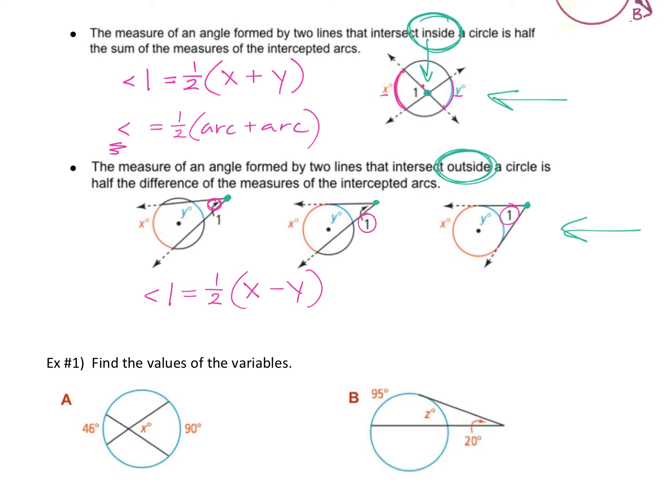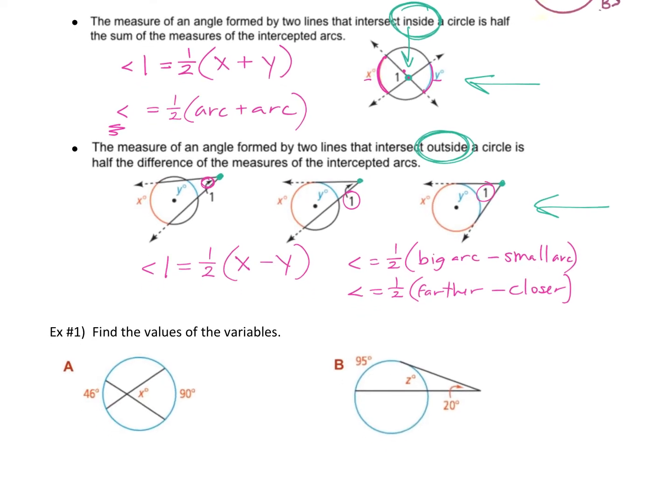Okay, so you can think of it like that, or you can think of it as the angle equals half of the bigger arc minus the smaller arc. Or like I said, you could do the angle equals half of the farther minus the closer. However you want to think of it, both of those will always work, okay?